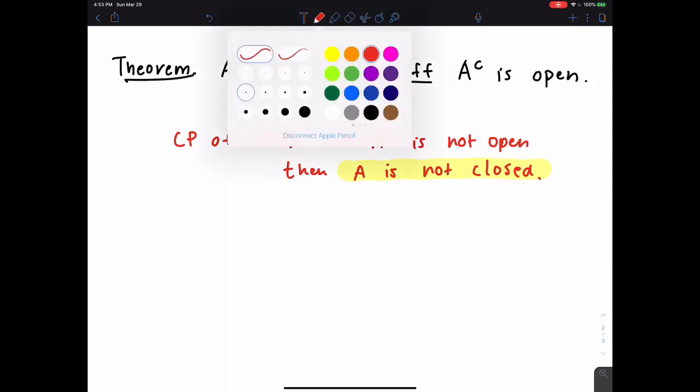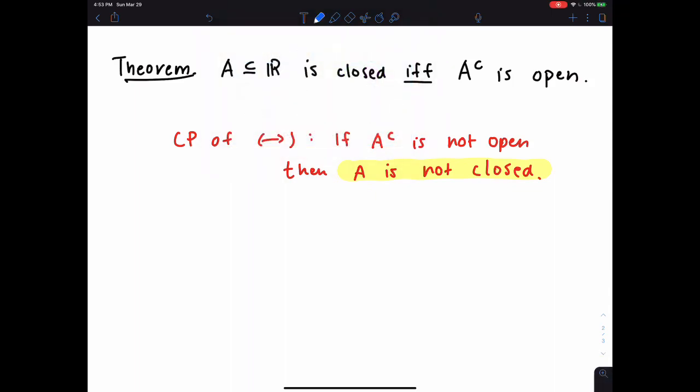So we need to show there exists an x_n contained in A such that x_n converges to X, where X is not a member of the set A.